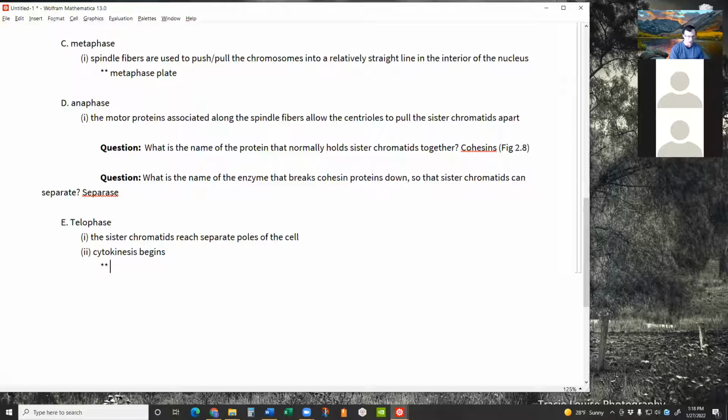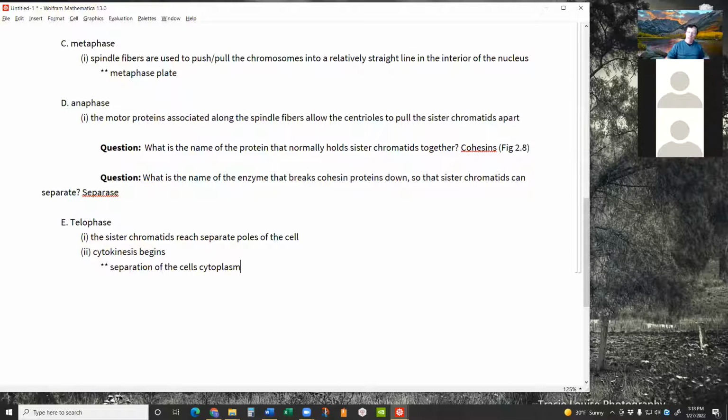Cytokinesis involves the separation of the cell's cytoplasm. If you're an animal cell, you're going to develop what's known as a cleavage furrow that goes through the interior middle cytoplasm of that figure 8 cell you see in picture F. If you're a plant cell, it's a little different because you have a cell wall, so you make a structure called a cell plate.